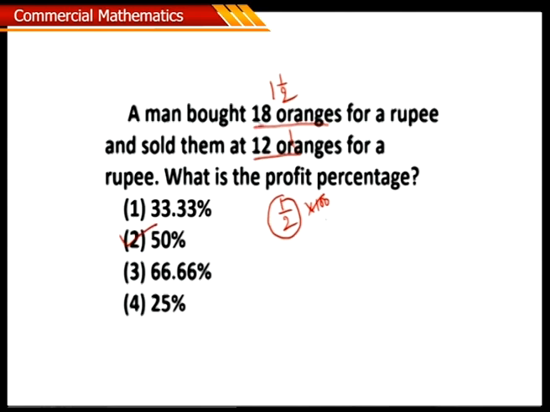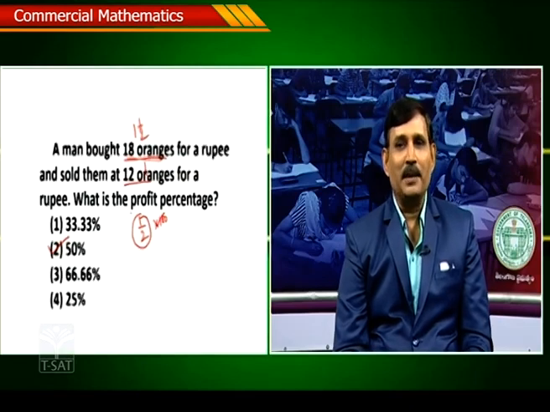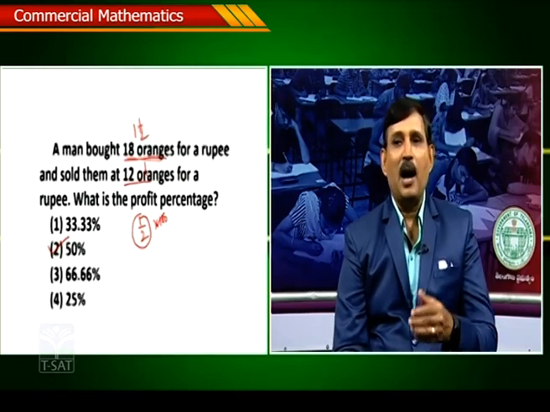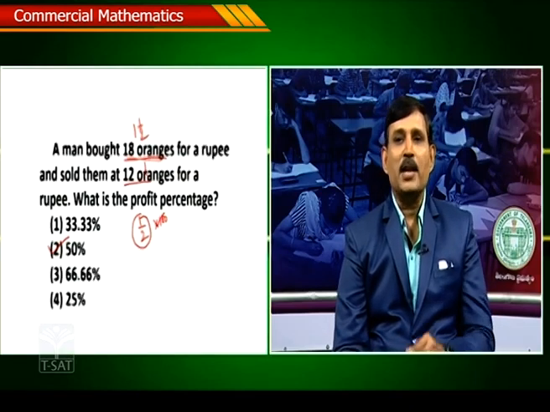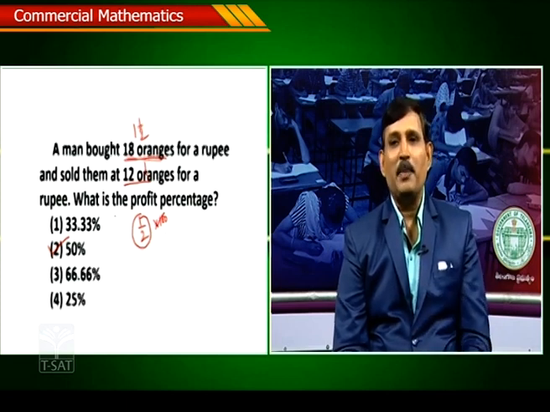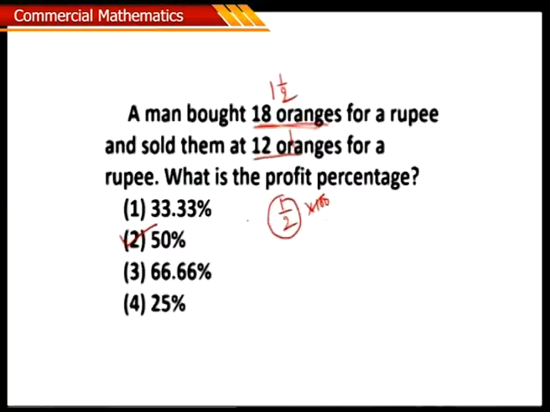So just simply you observe this, 18 oranges, cost price is 1.5 dozen for 1 rupee and selling price is 1 dozen for 1 rupee. Means every time he is getting a profit of half dozen oranges amount. Half dozen means half dozen of this. When you express it in terms of percentages, you can see it is 50%.